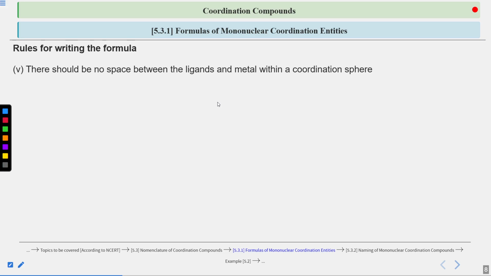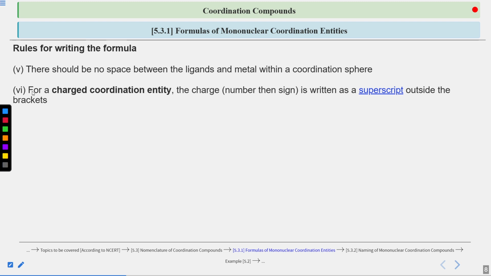The counter ion will be outside of the square bracket, and this whole coordination entity when enclosed in the square bracket is called the coordination sphere. What we are saying is that in the coordination sphere there should be no space between the ligands and the metal. Only two things can be present inside the coordination sphere, the ligands and the metal. So while writing the formula of the coordination compound, there should be no space between the ligands and the metal.